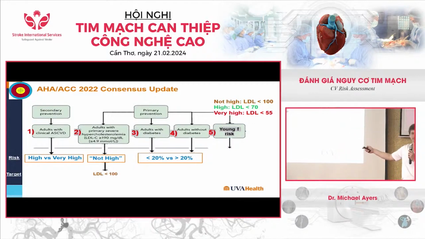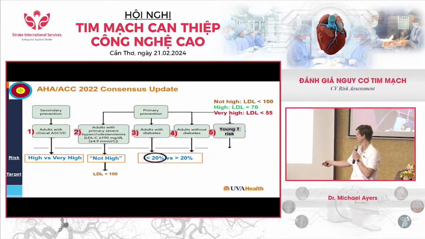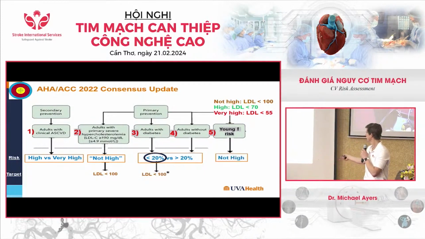They're going to say, all right, so for this not high group, target 100. For this group, that's less than 20%, we're going to call that elevated but not high, target less than 100. For the young people, I already told you their 10-year risk isn't very high, it's their lifetime risk. So let's also put them in that bucket of just target 100.